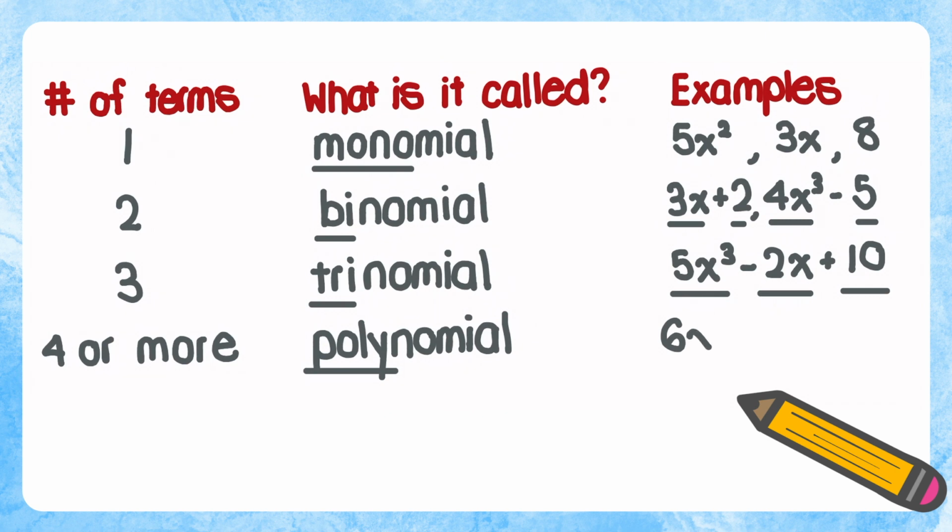An example of this would be something like 6x cubed plus 5x squared minus 3x minus 8. So if there's only one term, it's called a monomial. If there's 2 terms, it's called a binomial. 3, trinomial. And if there's 4 or more, it's called a polynomial.